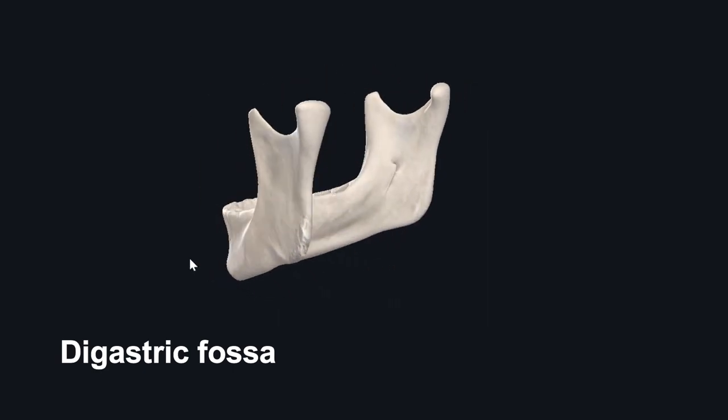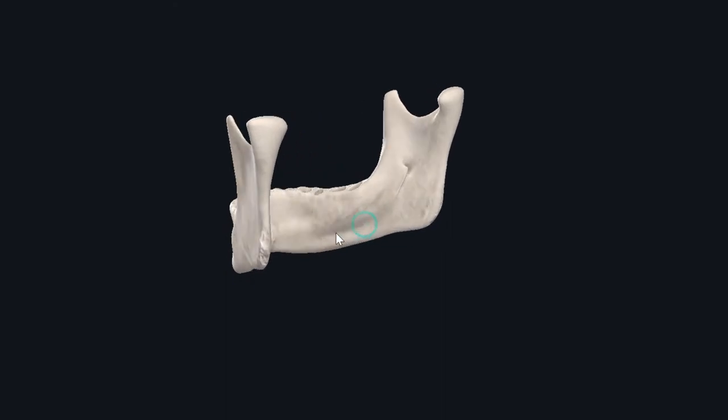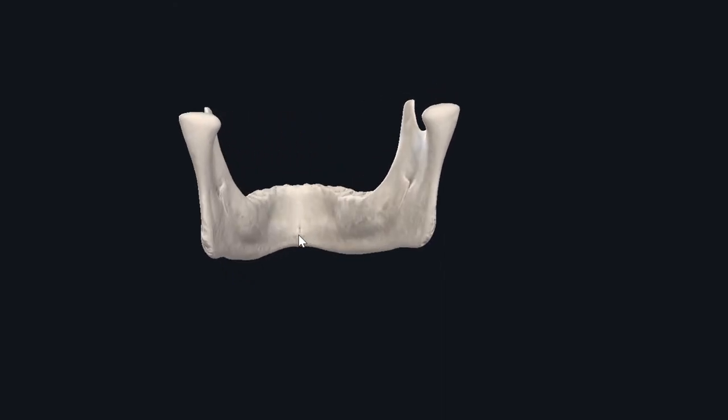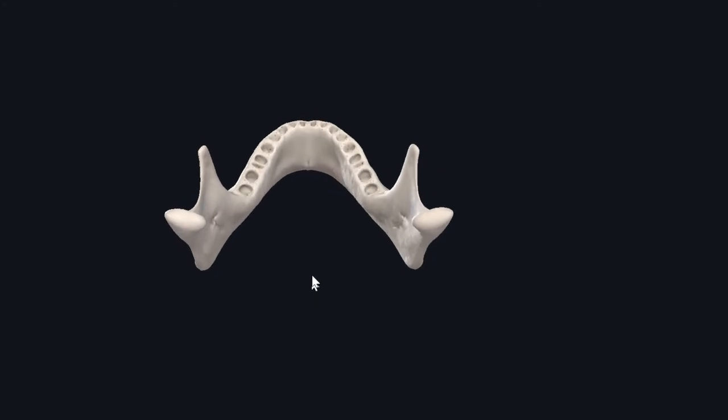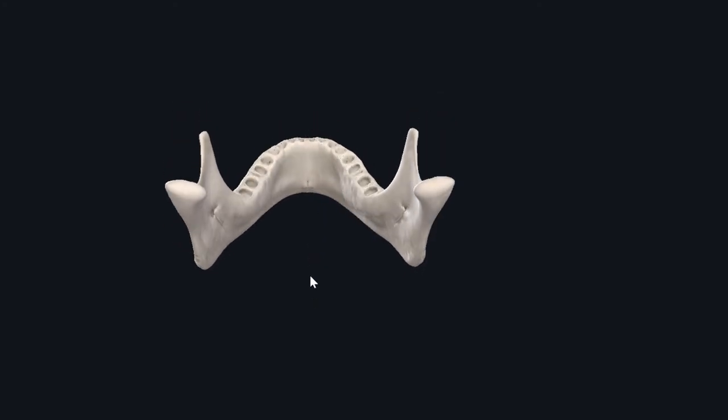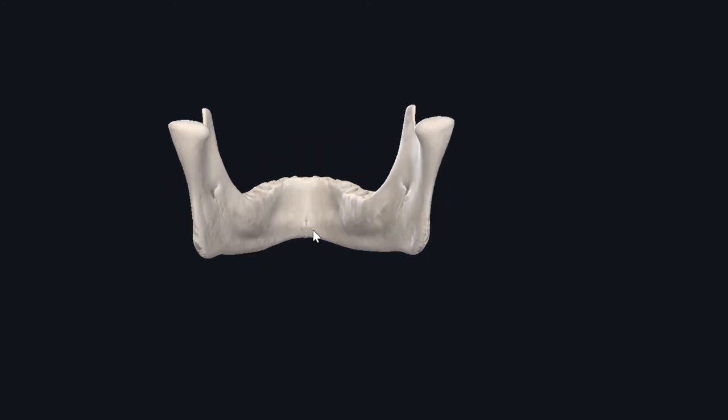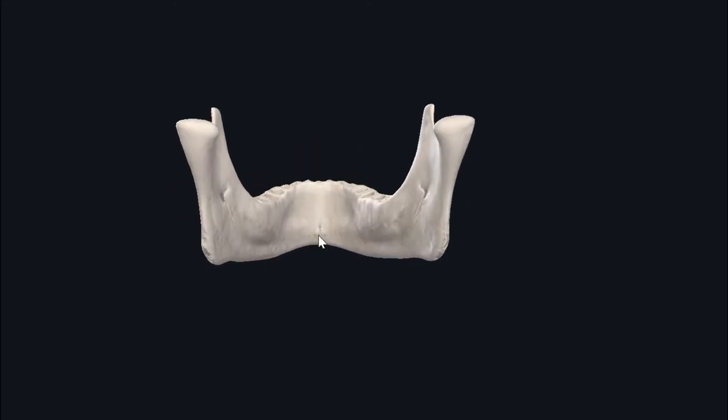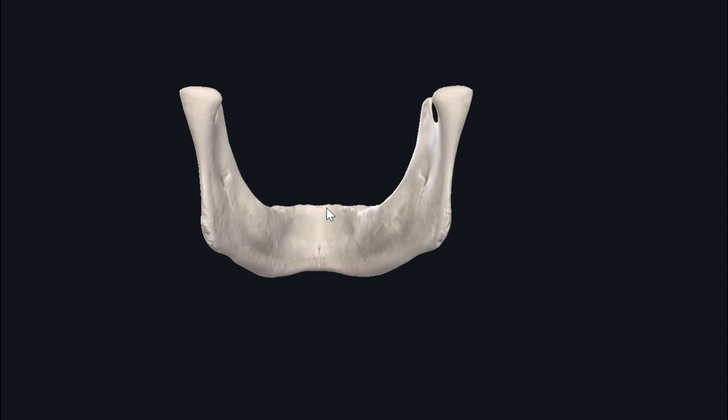Alright, now talking about the internal surface of the body of the mandible. Here is the internal surface of the body of the mandible. It looks horseshoe shaped. On the midline there is a tubercle called the genial tubercle.